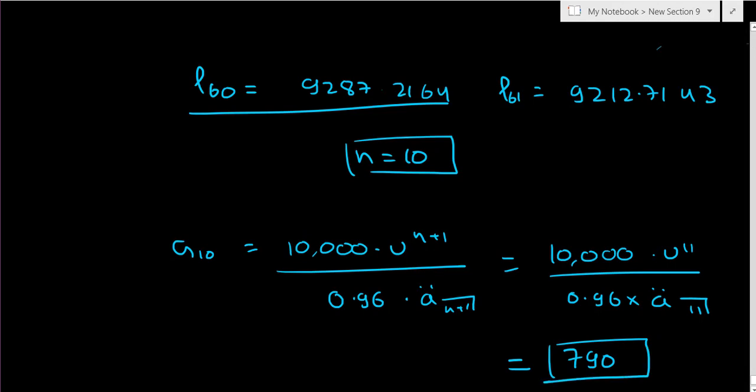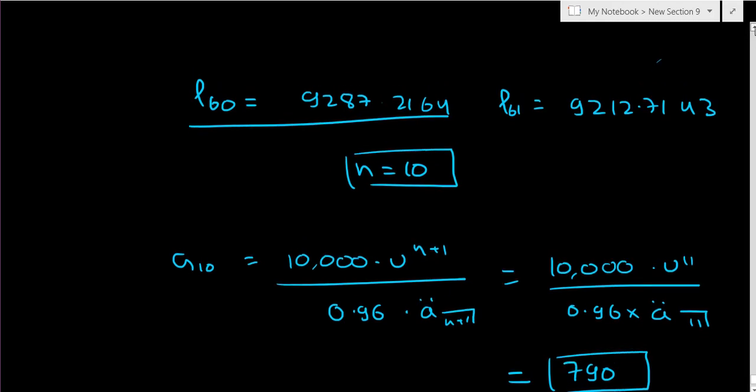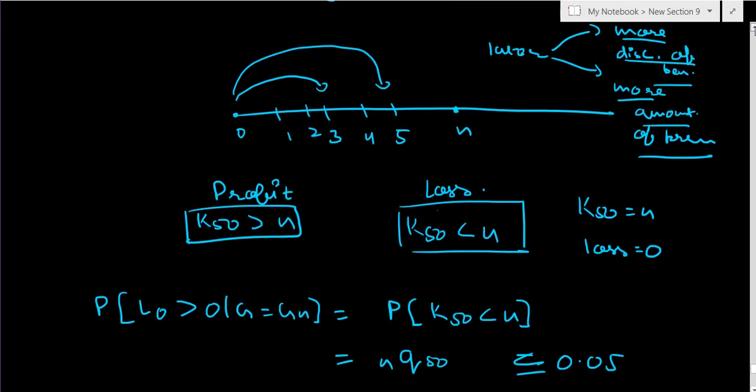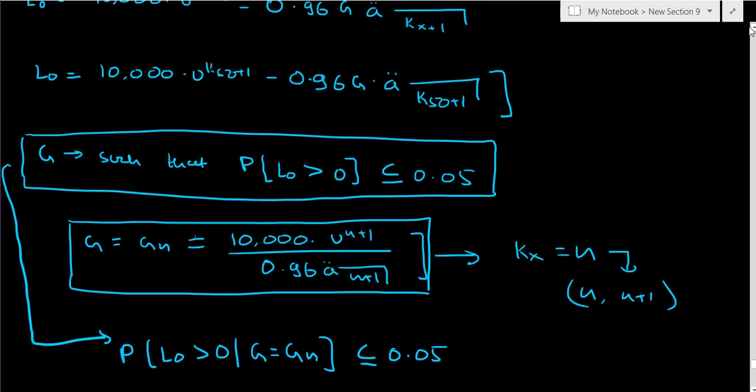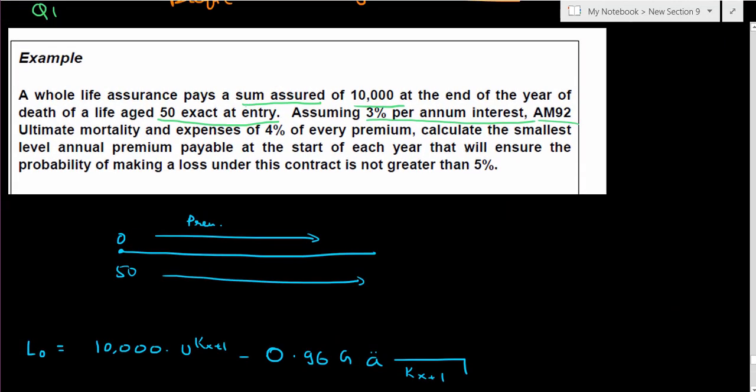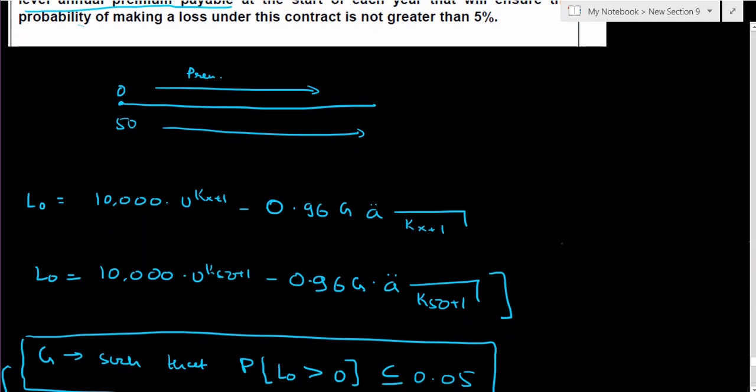So let's check out what we did here and give you an overview. They had given us the question that we need the least premium payable. They said we want the smallest level annual premium payable such that the probability of incurring a loss is not greater than 5%.